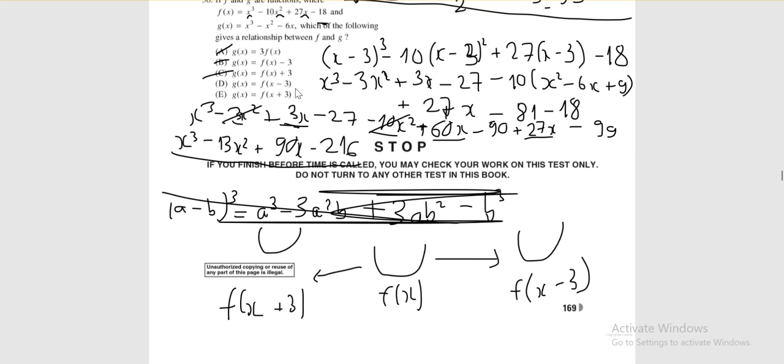Now all we need to do is graph the two functions and see their relative position. If it's to the right, then it will be D, and if to the left, it will be E. If it's shifted right 2 units, it could be D, and if it's shifted left 2 units, then it will be E.